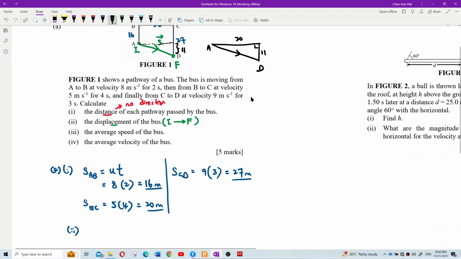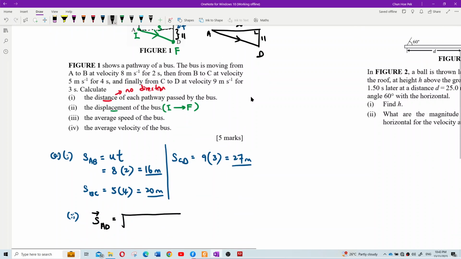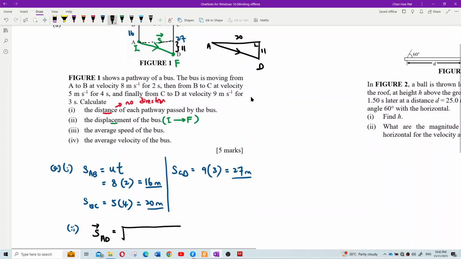So the displacement for AD, Pythagoras, 20 square plus 11 square.